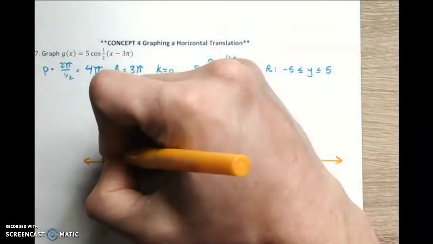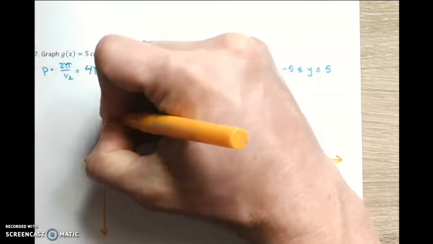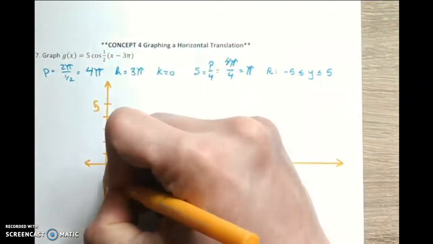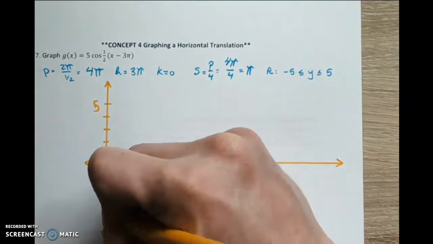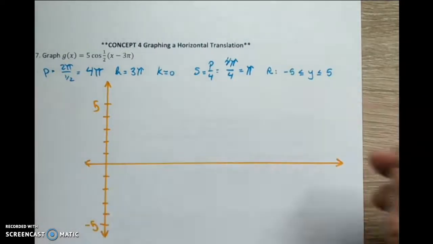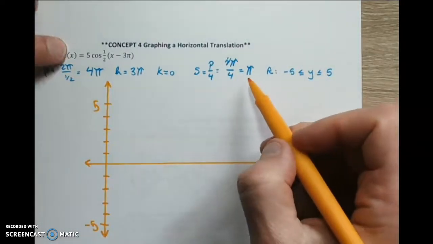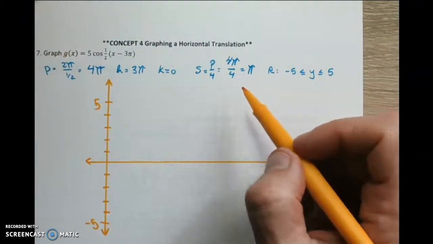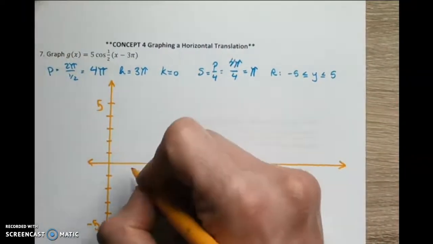Range, positive, negative 5. So 1, 2, 3, 4, 5. 1, 2, 3, 4, 5. Scale is at pi, and that includes this cycle, so that works perfectly.